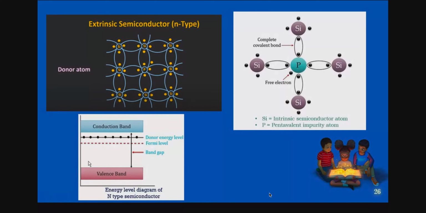Once you apply some external field, these electrons directly jump into the conduction band and create some positive immobile ions, isn't it? We call them donor ions.